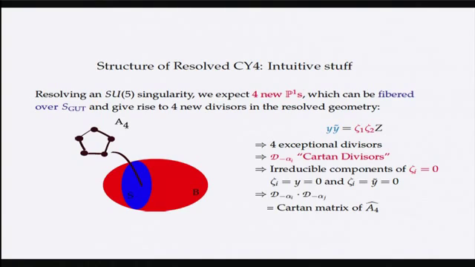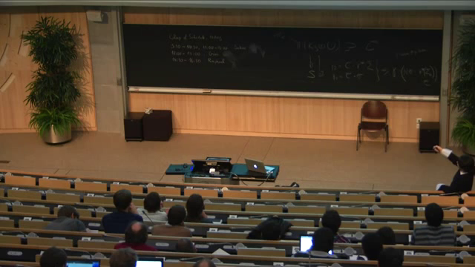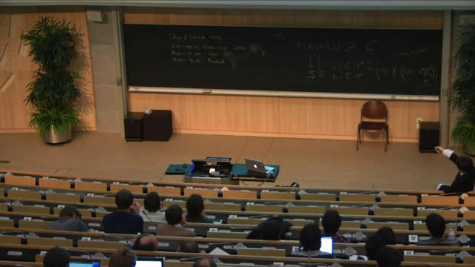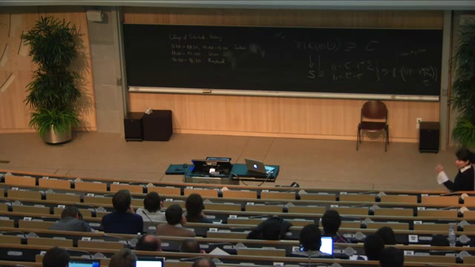So that gives us the divisors: each one of these P1s fibered over S gives us one of these D alphas, and computing their intersections essentially corresponds to intersecting this divisor with another P1 here, and that gives precisely the Cartan intersection matrix of A4, or the affine A4 actually.